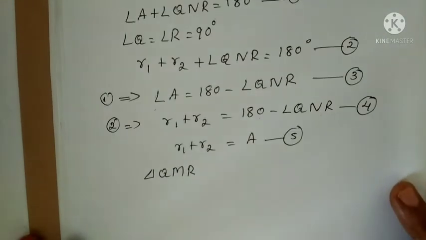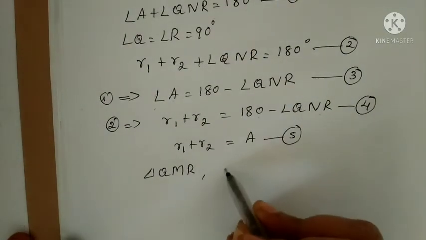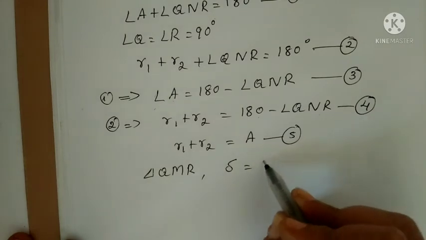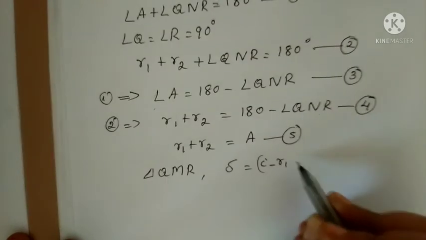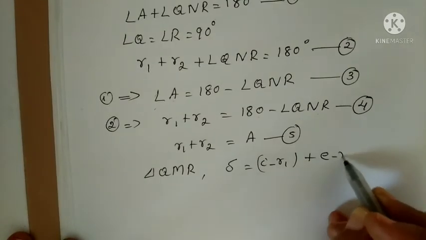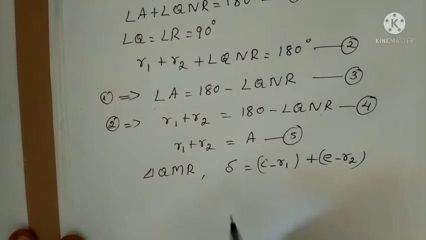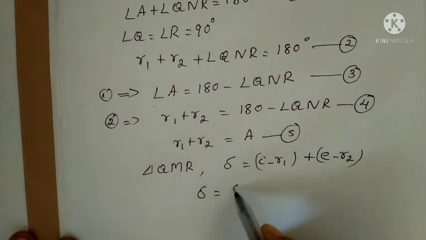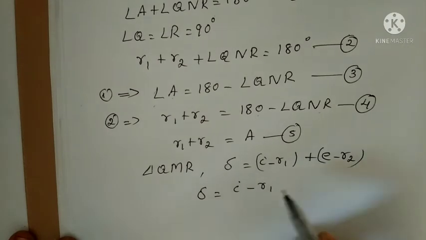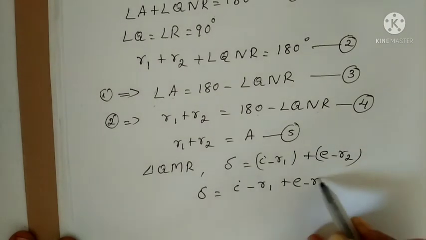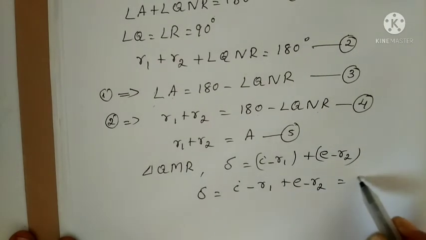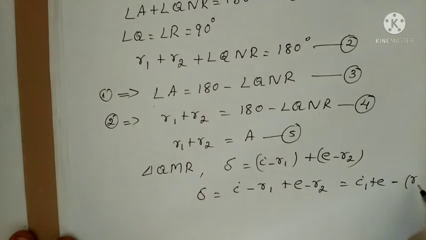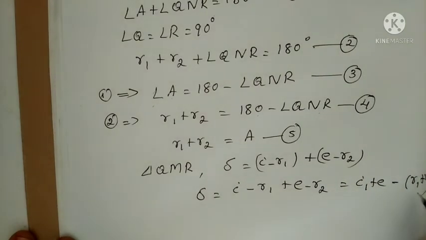So from the triangle QMR, we can write deviation delta equal to I minus R1 plus E minus R2. From this again we can write delta equal to I plus E minus of R1 plus R2. Clear?